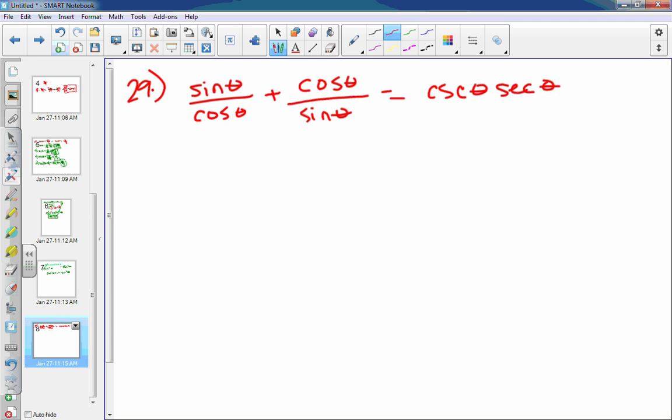Okay. You're right, it is tangent and cotangent, but does that really help me? I can convert sine of theta over cosine of theta into tangent, but then I'm left with tangent plus cotangent. We cannot touch the right-hand side.